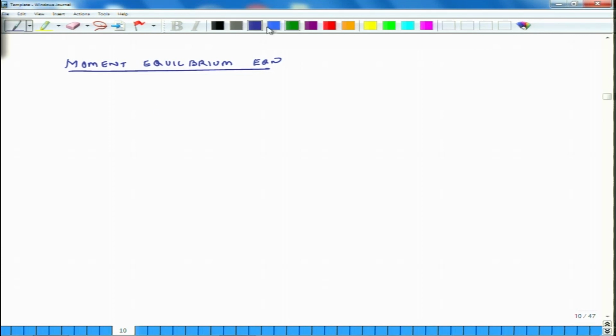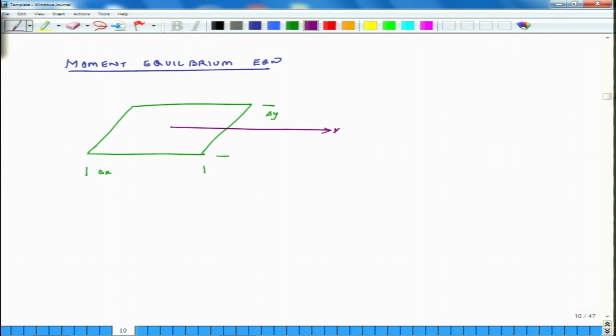So, once again we will draw a plate. The size of this plate is very small. This dimension is delta x and this dimension is delta y. That is my x axis, y axis and z axis.